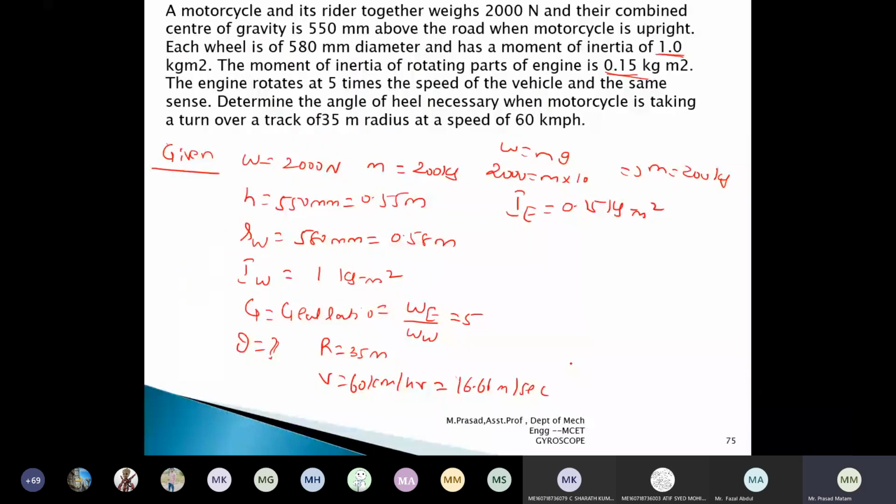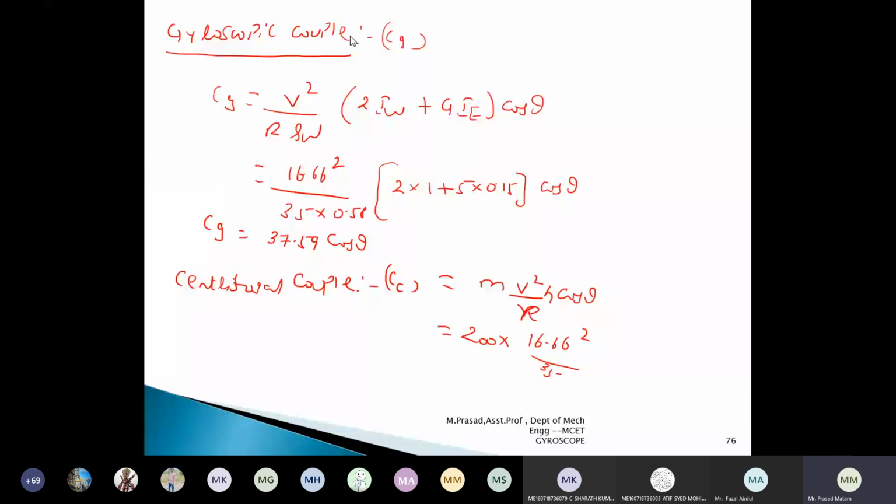Center of gravity they have given here is 550 mm, that is 0.55 meter. So 0.55 cos theta. Solve this and give me the answer for centrifugal couple, please, in terms of cos theta.